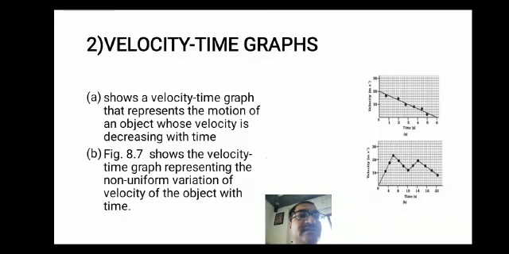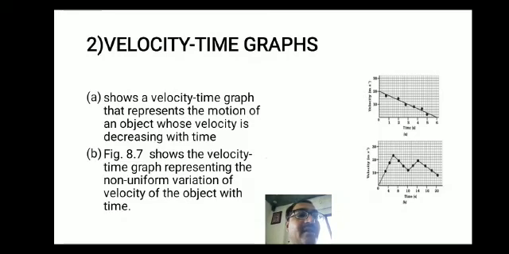So the first example of a velocity-time graph shows the motion of an object whose velocity is decreasing with time. Decreasing with time gives a retardation motion. Its speed or velocity is decreasing. The next figure shows a velocity-time graph representing the non-uniform variation of velocity of the object with time.